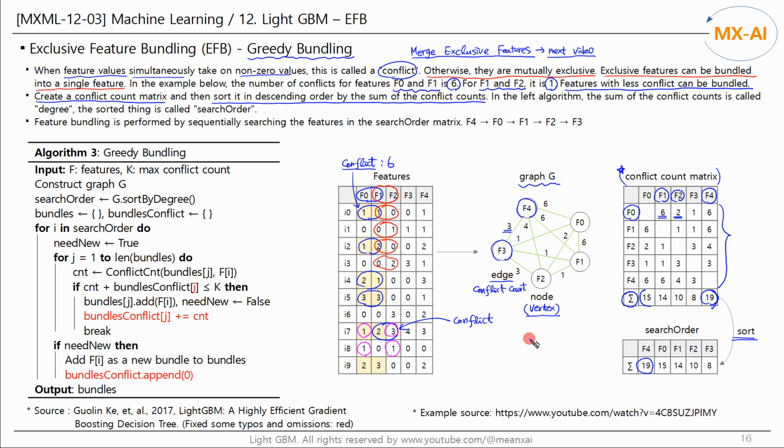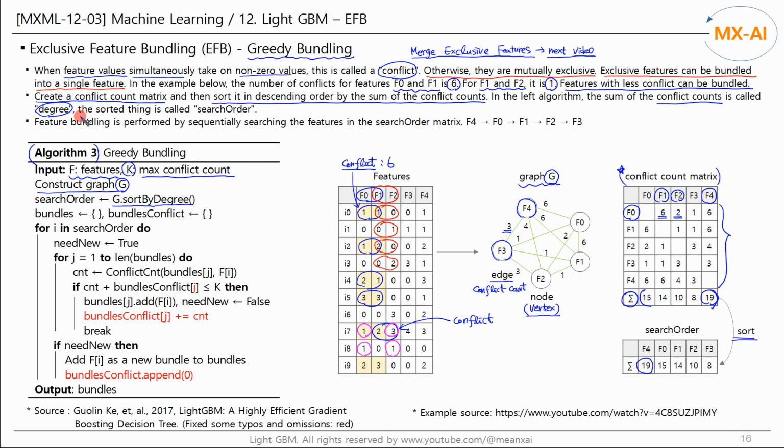Let's look at the algorithm 3 presented in section 4 of the paper. F stands for feature, and K is the maximum number of conflicts. Construct graph G using the feature values. In this algorithm, conflict count is called degree. Sort the conflict count matrix by degrees.